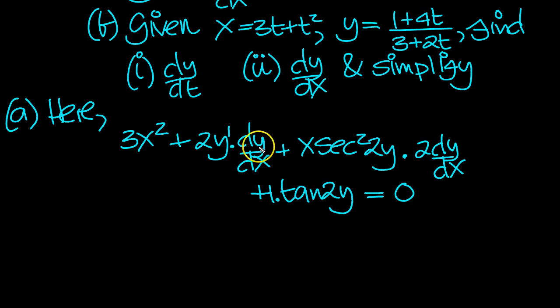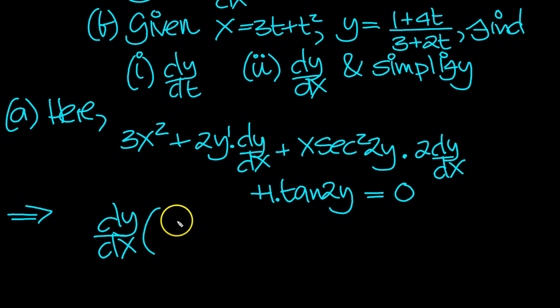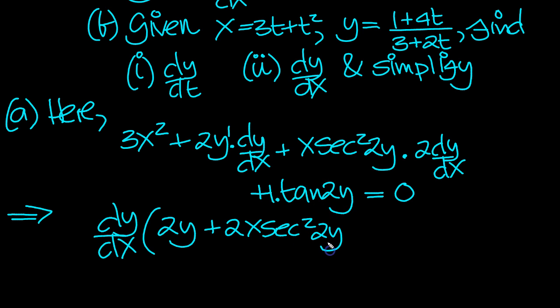So what do we get? We get dy/dx here and here. So this implies, I'm going to do it in one fell swoop, dy/dx times 2y there. So that's that term done. And then here we've got 2x sec squared 2y.